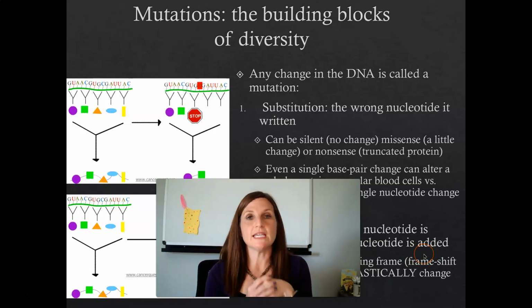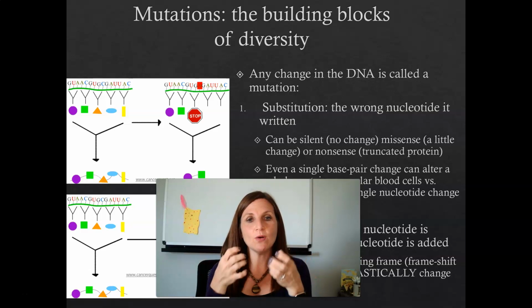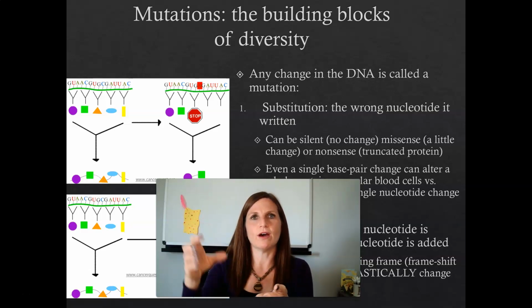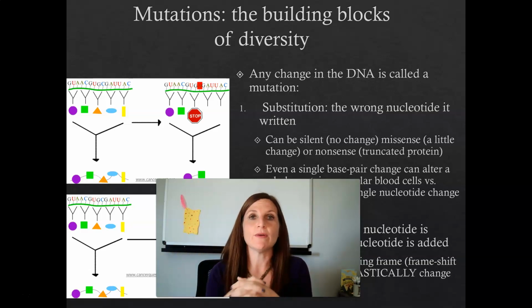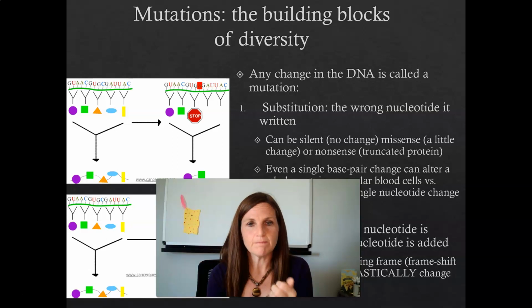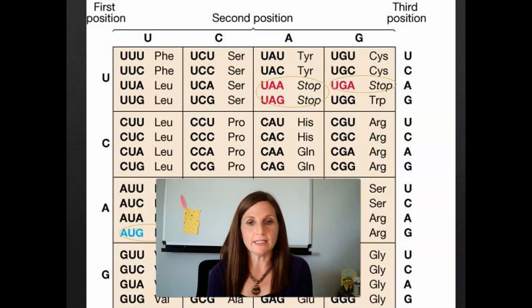We can also see deletions or insertions, and what those cause is actually a frameshift mutation. So you can imagine you've taken out or added in a base, and so every single codon from then on is going to be messed up. We can sometimes see mutations that are silent. In the genetic code, there is plenty of redundancy.